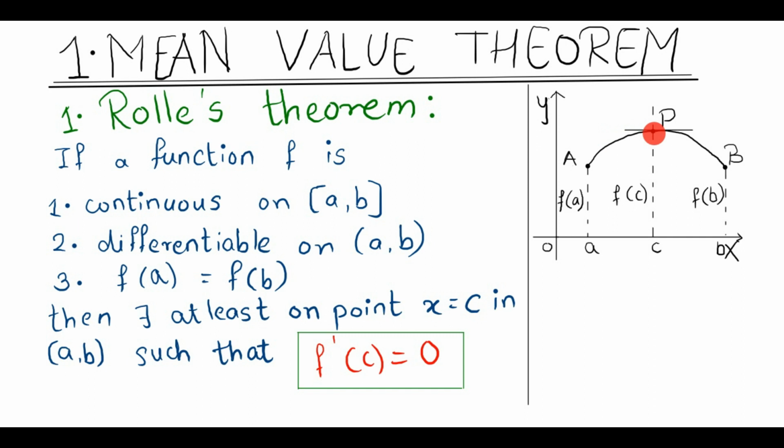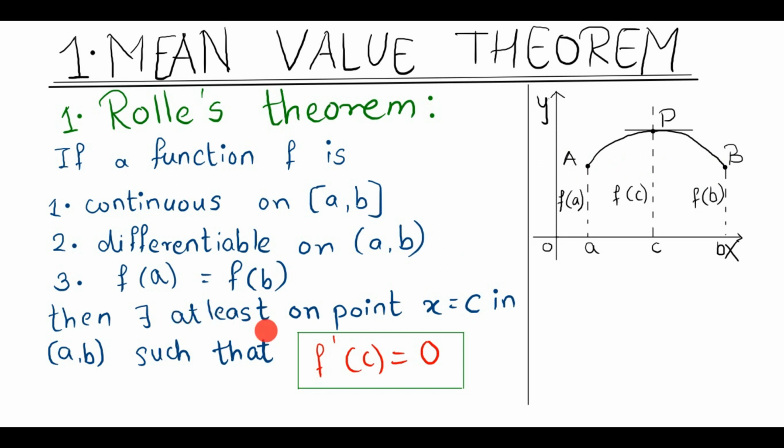So this means that it is a differentiable function on (a, b). Now our third condition: just see here point a and here point b. On the y-axis you may see that f(a) and f(b) are equal. So our third condition is satisfied, that f(a) is equal to f(b).